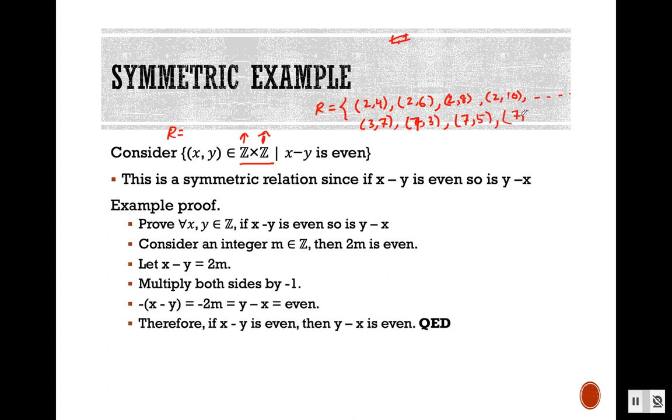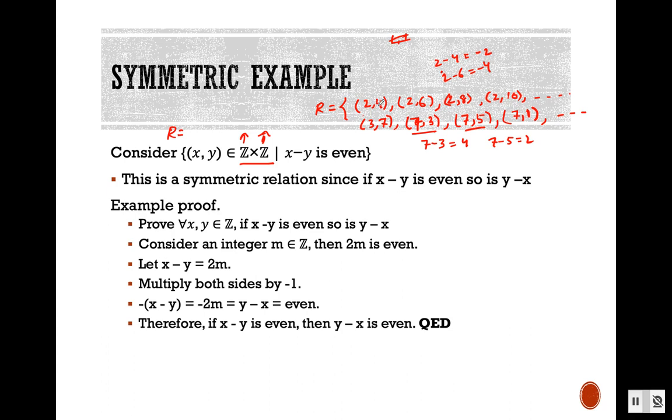These all belong to R, because 2 minus 4 is minus 2, which is an even number. 2 minus 6 is minus 4, an even number. 7 minus 3 is 4, an even number. 7 minus 5 equals 2, an even number. So these are all part of the relation R.